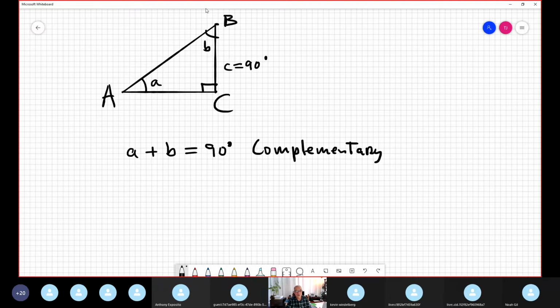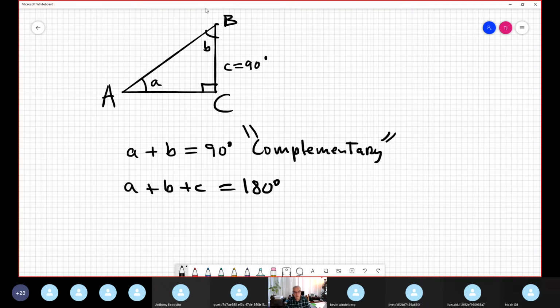Because you know that the sum of the inner angles, A plus B plus C, is equal to 180 degrees. The sum of the three inner angles is 180 degrees. But si you assume que this right angle, 90 degrees in C, is obvious, A and B are 90 degrees. And this idea is called complementary.